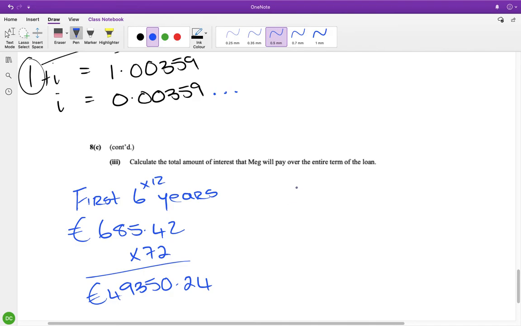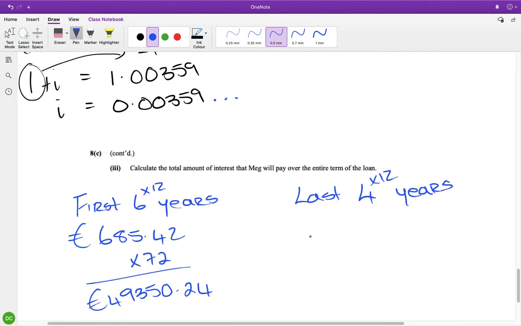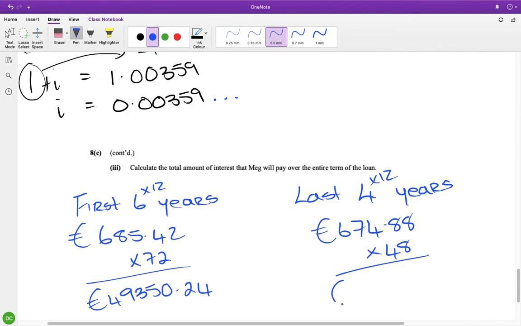and I have a total for that of €49,350.24. And then for the last 4 years of the loan, which again has to be in months, we just figured out that she's going to pay €674.88 and multiply that by the 48 months, and you get €32,394.24.